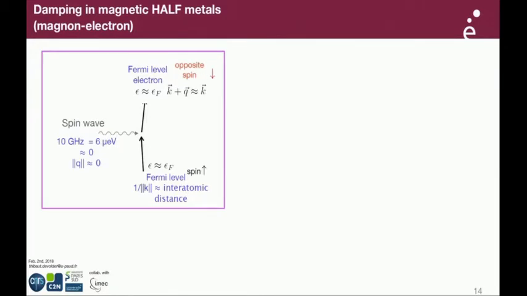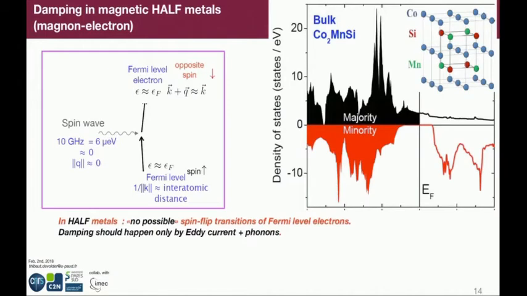Half metals are metals in which you have a gap in the minority band at the Fermi level. So these are systems where if you look at the density of states near the Fermi level, there are no minority electrons. If you would try to apply this process to a half metal, you would take a Fermi level electron, a black electron, and you would try to put it at the Fermi level with the opposite spin.